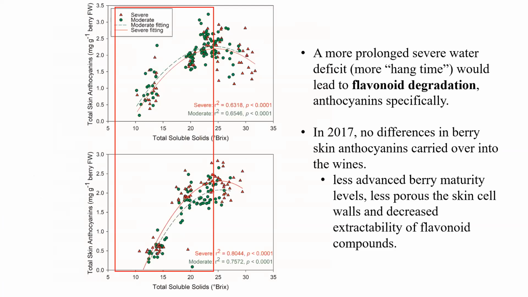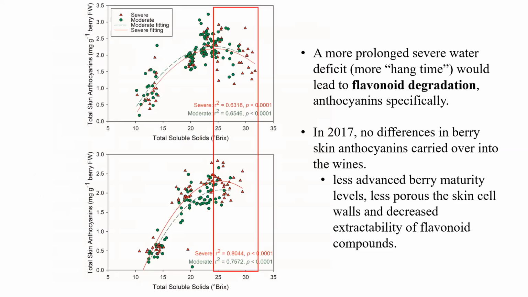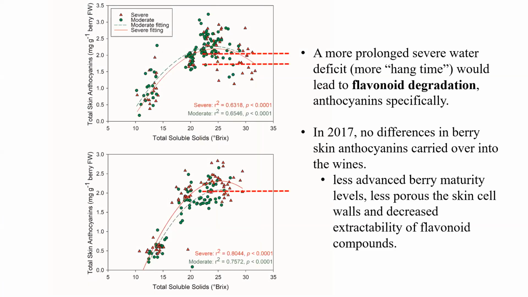In 2016, berry anthocyanins in the severely water stress zone had a significant decline after about 25 bricks, resulting in a lower concentration. Conversely, the second season consistently showed a greater anthocyanin concentration in the berry skins in the severely water stress zone than the moderately water stress zone.